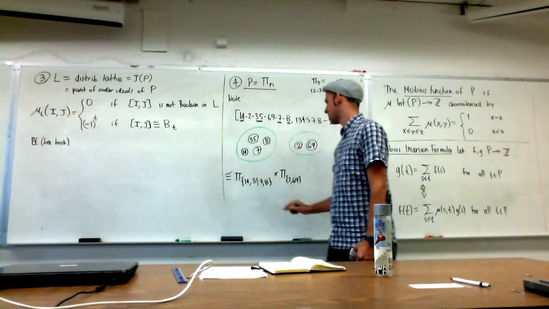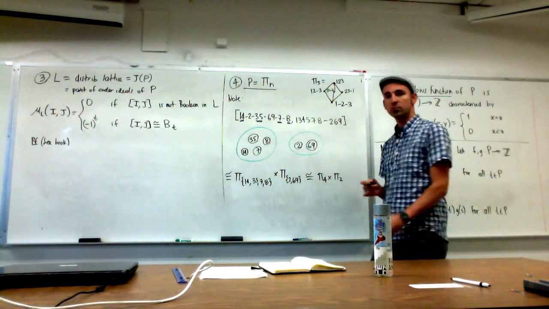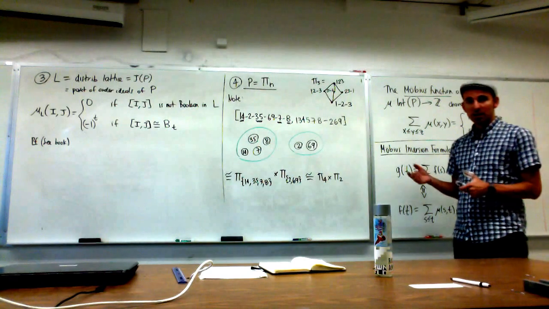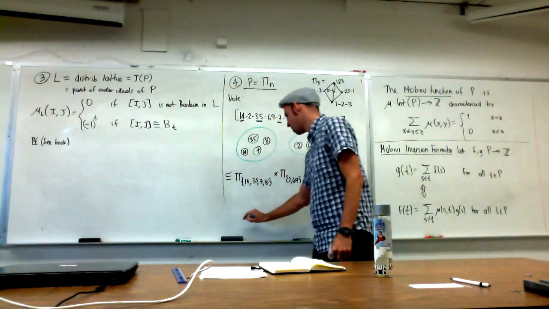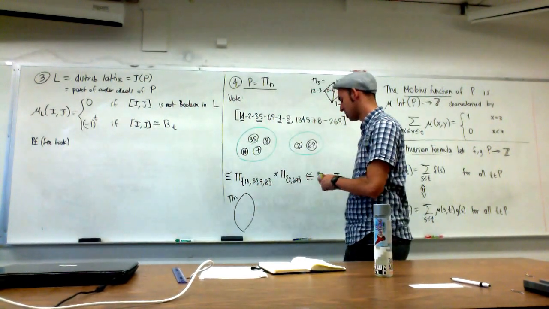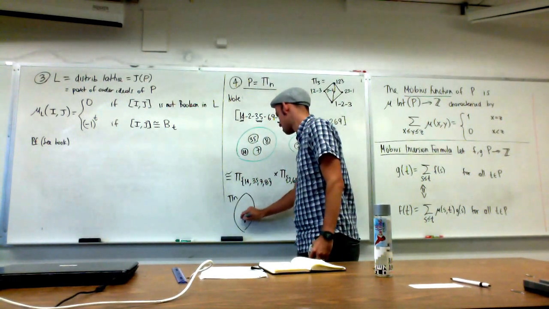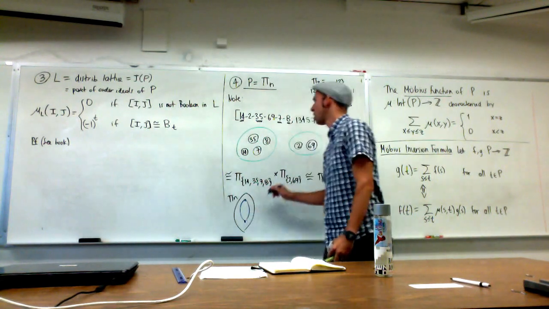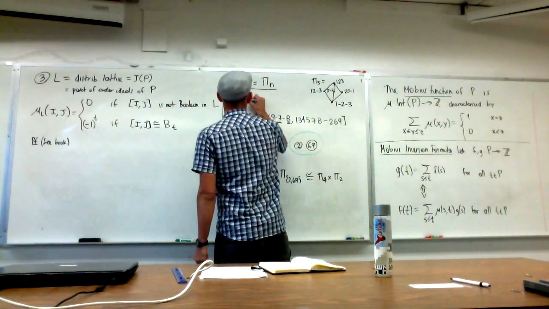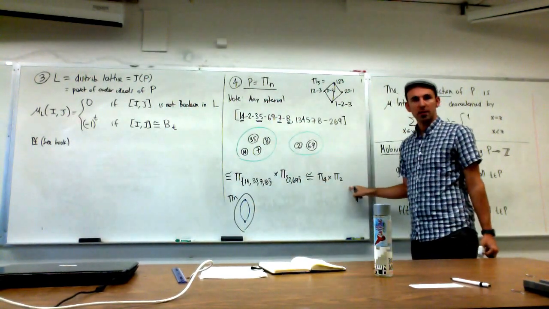So this is the same as this, which is the same as Π4 times Π2. So the point that I'm trying to make here is that if you have any interval in the partition lattice, whether it's this one or any other one, any interval is a product of partition lattices.